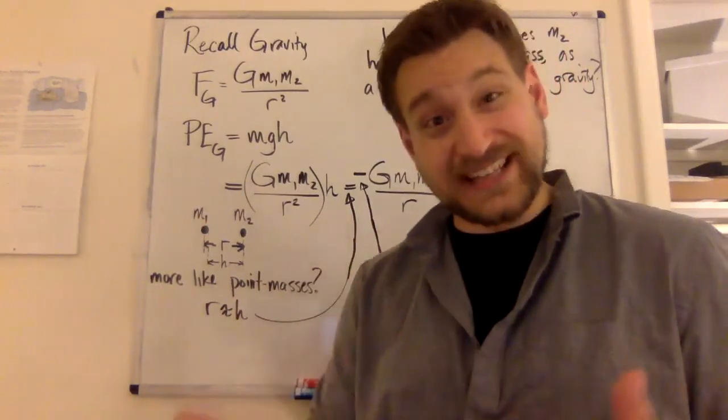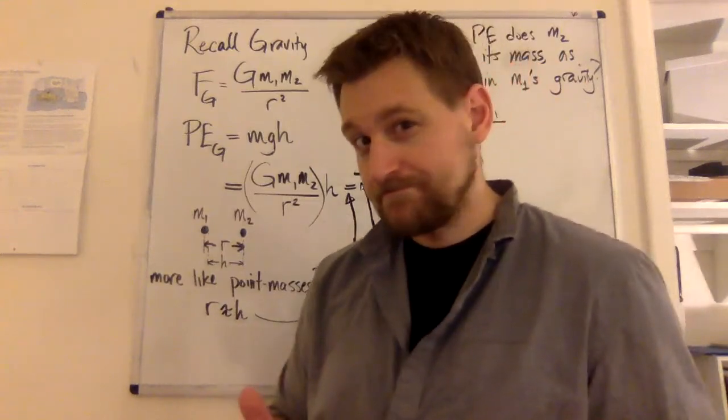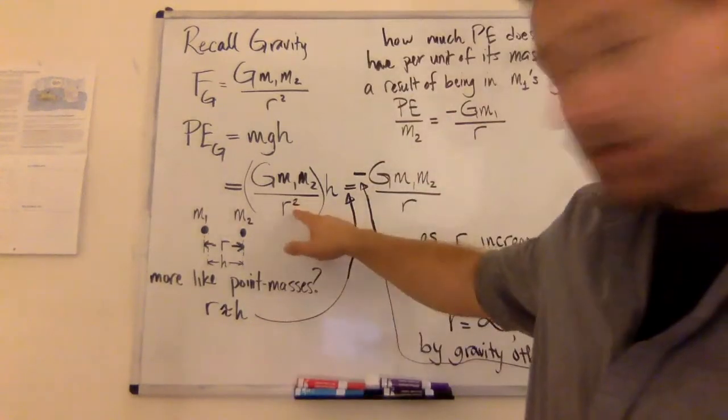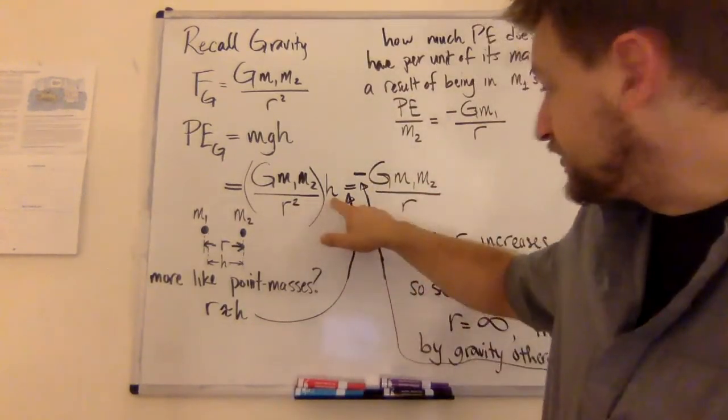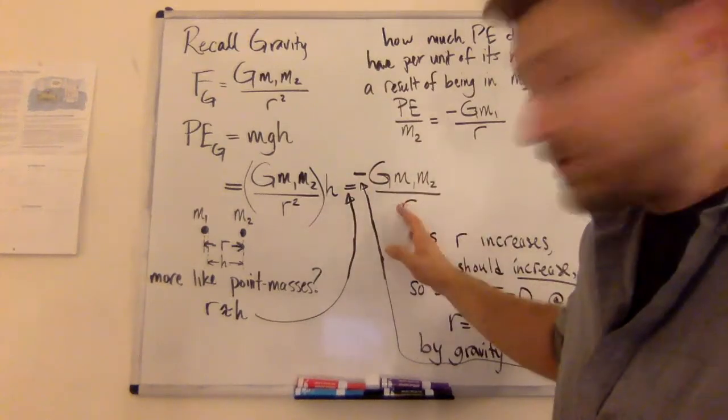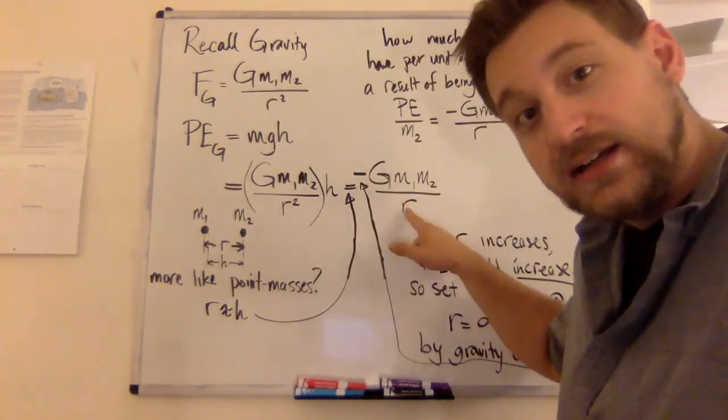R starts to look like h. And if R is about equal to h, then we can cancel them and end up with a single factor of R in the denominator.